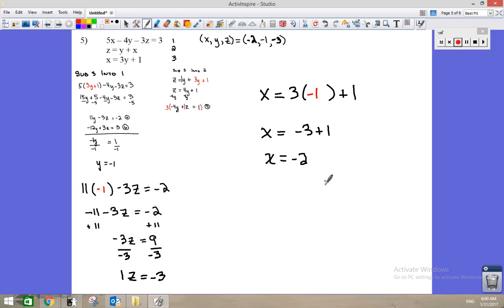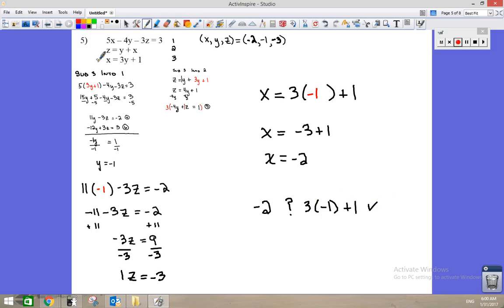Alright, so if I look here at equation 3, is it true if I replace x with negative 2, is it true that 3 times y, 3 times negative 1 plus 1, is that negative 2? Well, sure it is, because negative 3 plus 1 is negative 2.